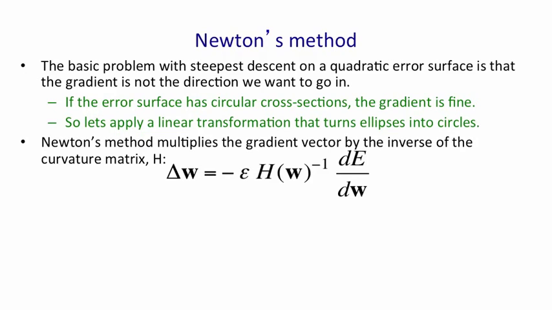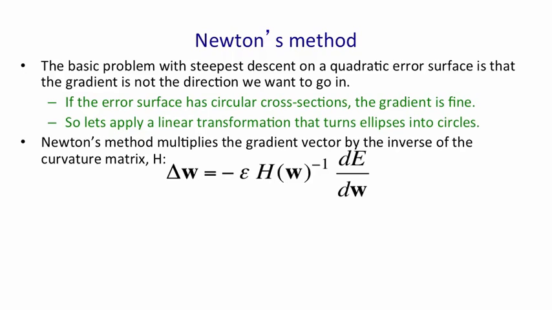So H is the curvature matrix, sometimes called the Hessian. It's a function of the weights we have, and we need to take its inverse and multiply the gradient by that. Then we need to go some distance in that direction. If it's a truly quadratic surface, and we choose epsilon correctly, which is quite easy to do, we'll arrive at the minimum of the surface in a single step.